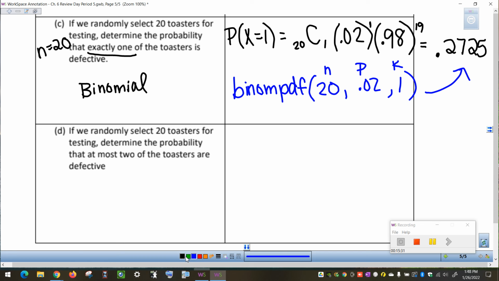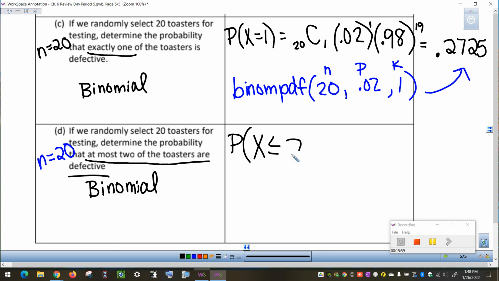All right, and then let's look at part B. So now we are randomly selecting 20 toasters again. So n is equal to 20, so that's going to make this binomial. We want to find the probability that at most 2 of the toasters are defective.